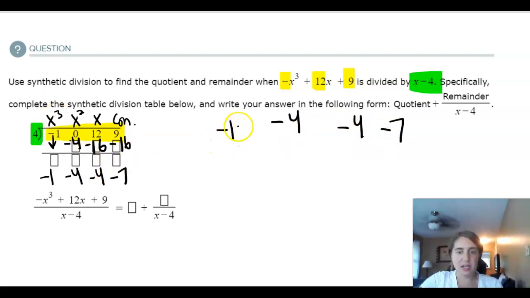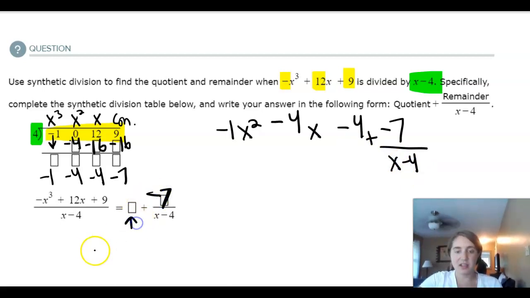So this used to be an x to the third, now it's an x squared. This used to be an x squared, now it's an x. This used to be an x, now it's a constant. And then my remainder. So this would be a negative 7, and there would go x squared minus 4x minus 4.